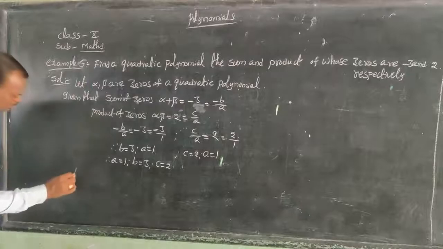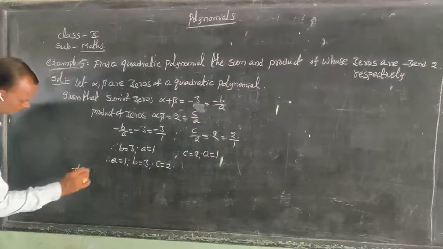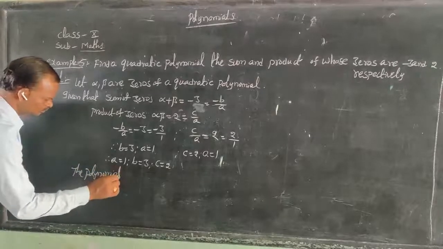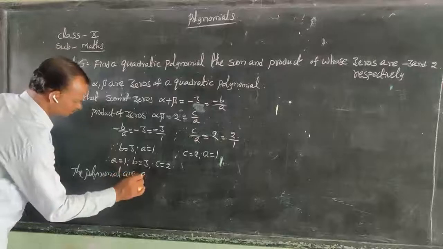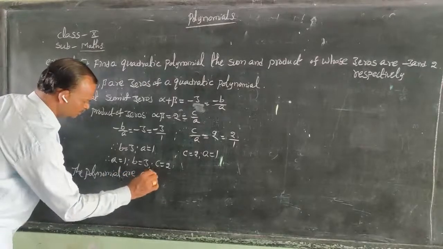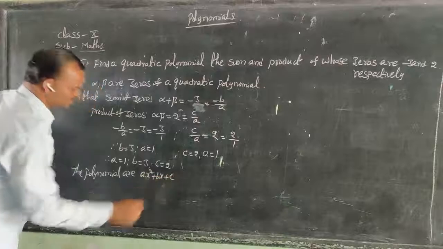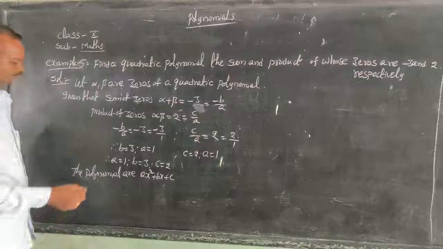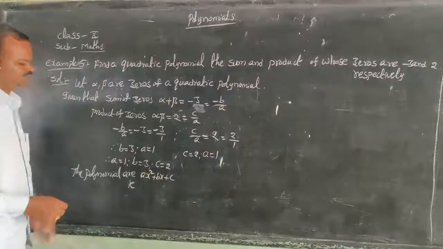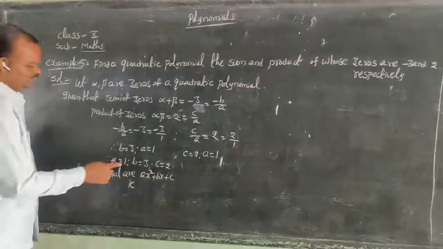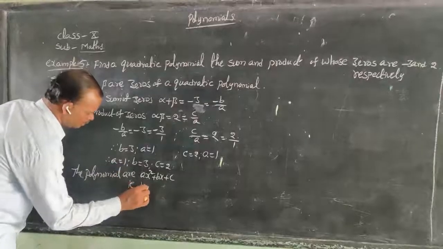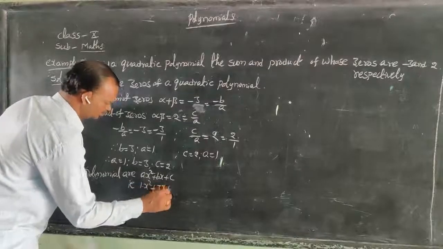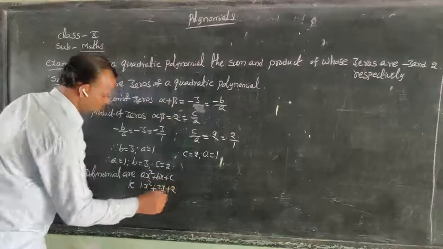The polynomial is ax square plus bx plus c. Substituting the values, a is equal to 1 into x square plus b, 3 into x, plus c, 2.